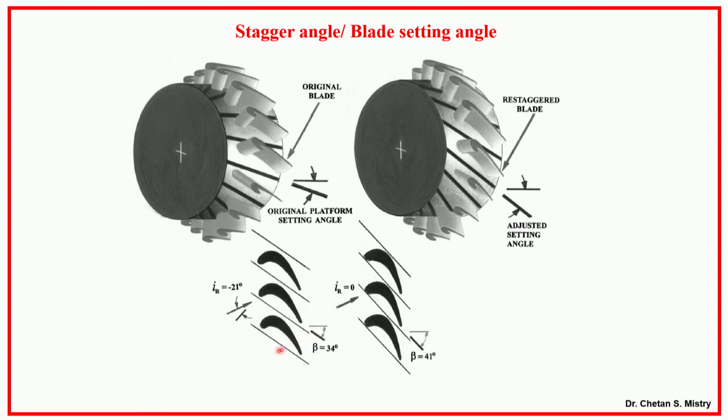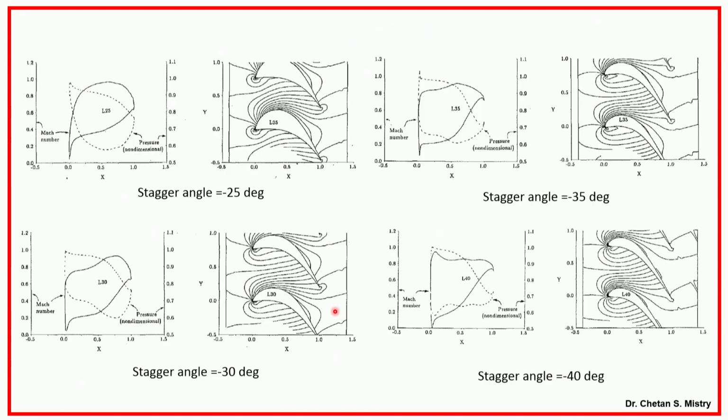Now, if we are talking in terms of stagger angle, by changing my stagger angle, we are adjusting our upstream flow. Here my incidence was, say, minus 20, now here I will have my incidence at 0. The effect of this stagger angle has been reported in the open literature.